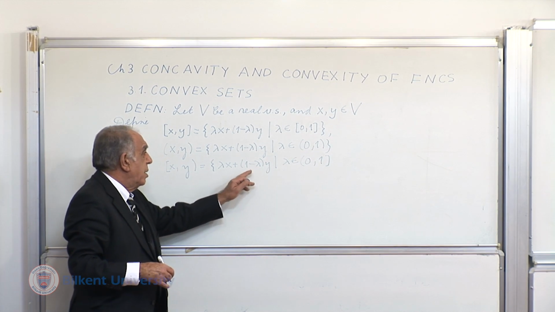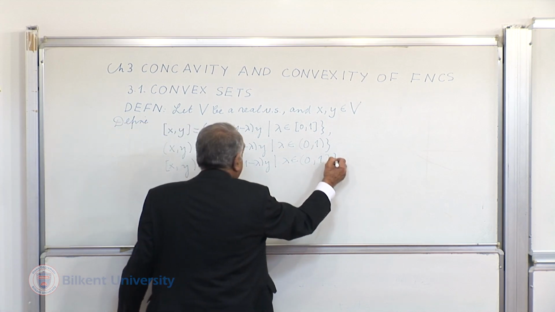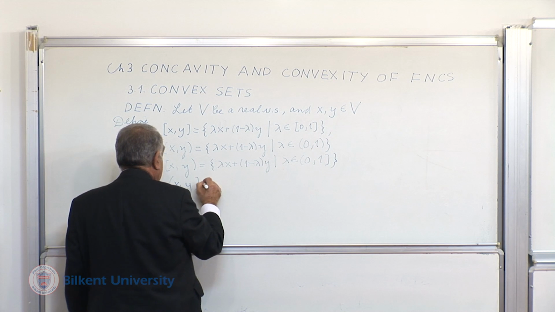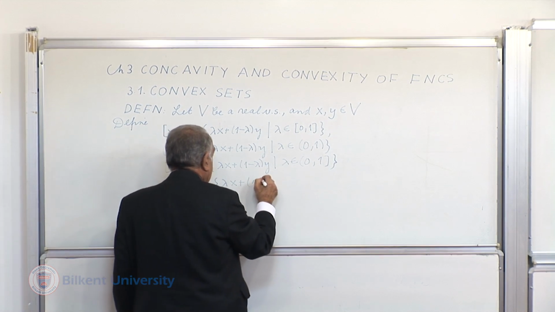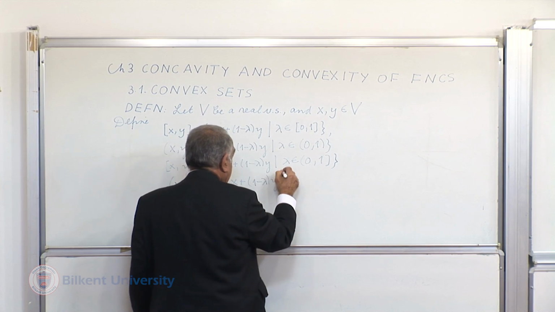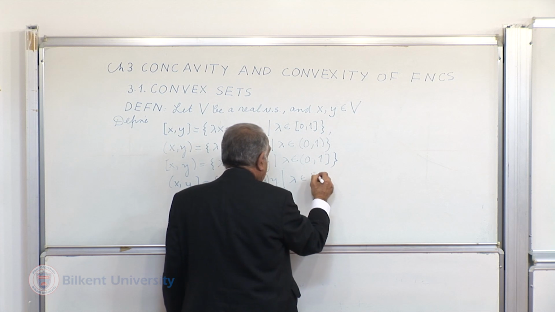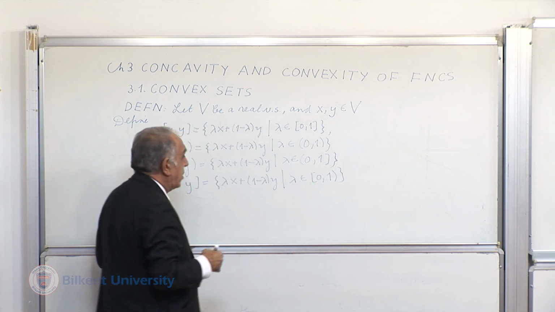Lambda equals 0 corresponds to y, that's excluded. Finally, (x, y] is lambda x plus 1 minus lambda y, such that lambda is this time in [0, 1), 0 included, 1 excluded, in the unit interval.